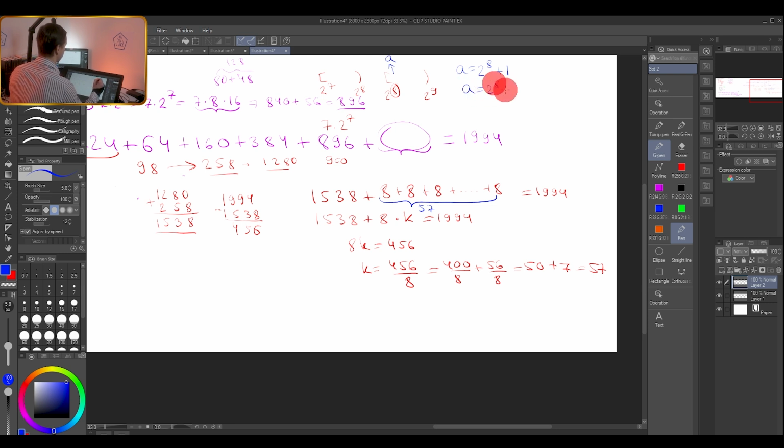When a is equal to 2 to the power of 8 plus 2, we have the third 8. And we have 57 of them. As you can see, the last one will obviously be a equals 2 to the power of 8 plus 56.